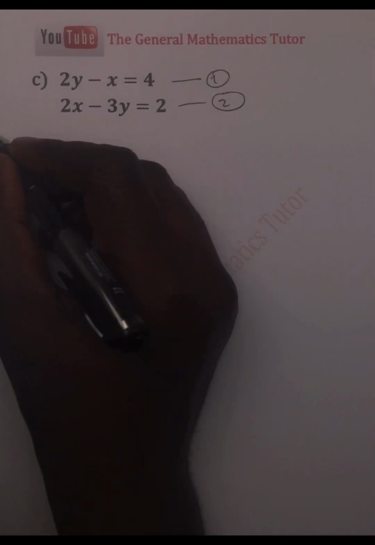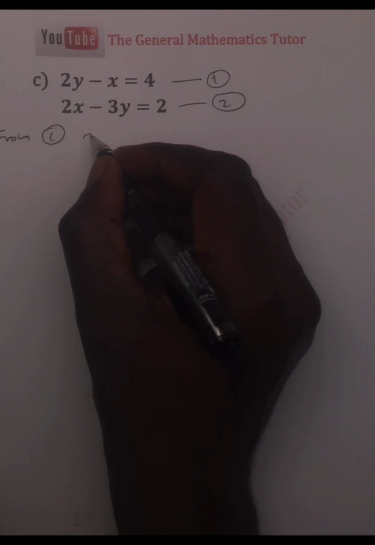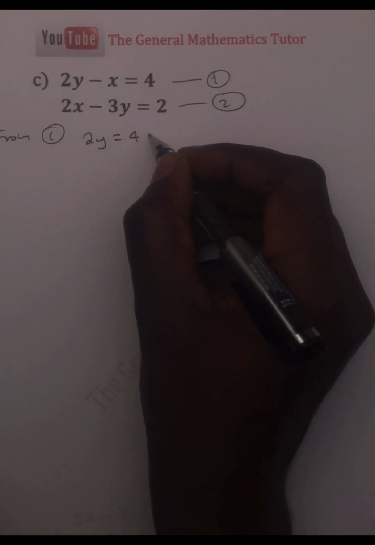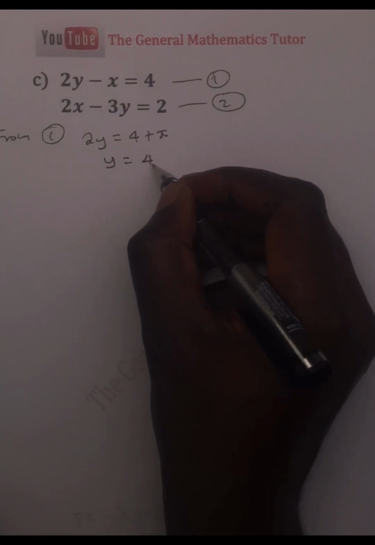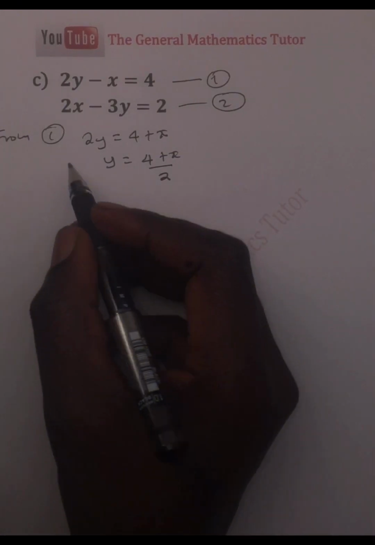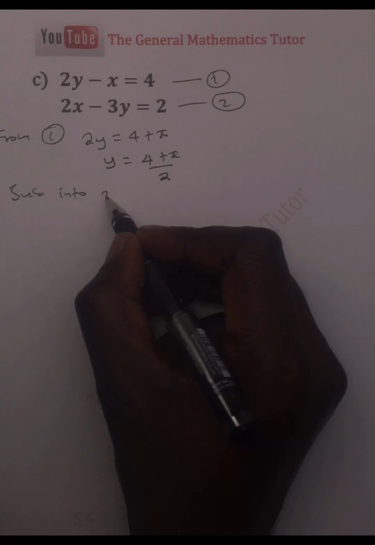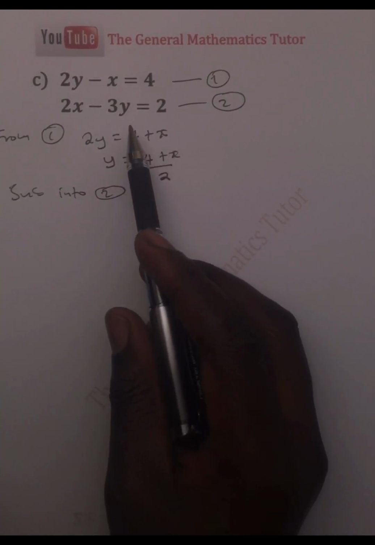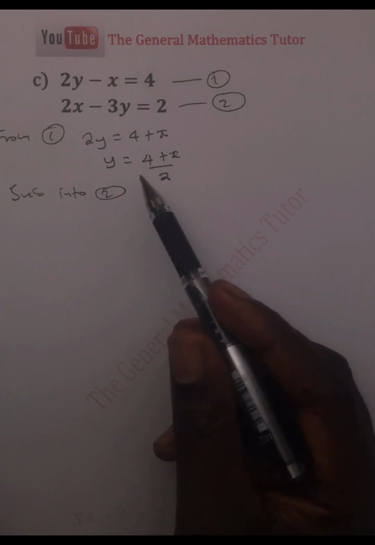So we can say that from equation 1, we have that 2y is equal to 4 plus x, so that y is equal to 4 plus x over 2. So we can now substitute into the second equation, so that wherever there is y, we replace that by 4 plus x over 2.